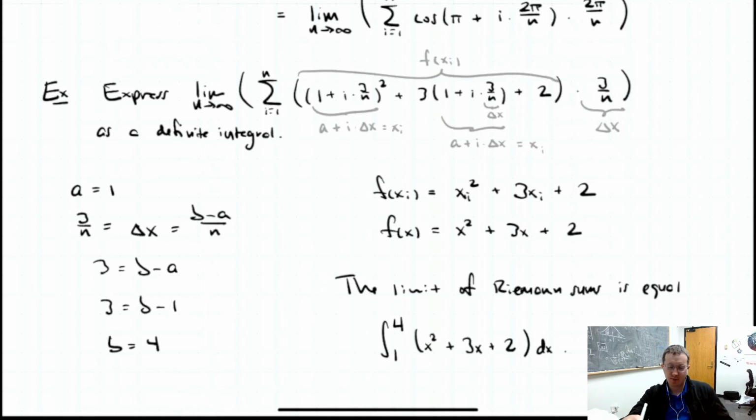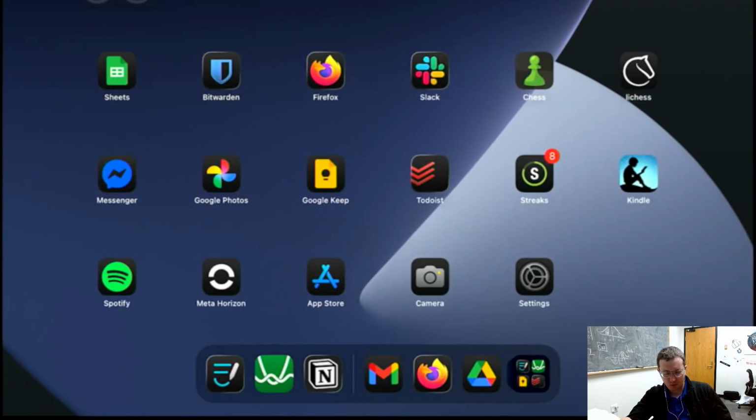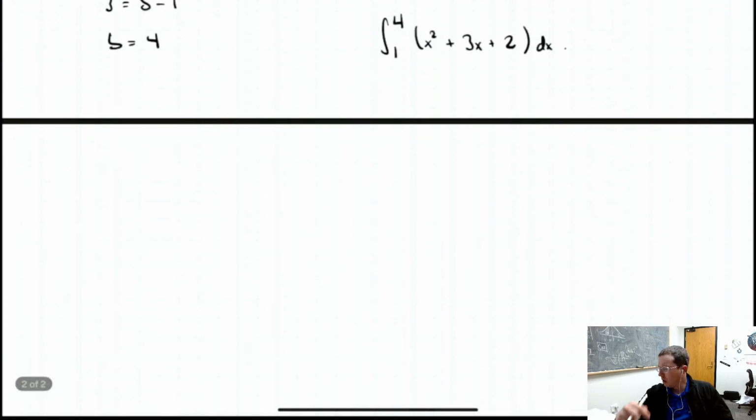All right, L'Hopital's rule. I'm just going to do some examples, and I have not prepared any examples. I just opened a calculus textbook that I have to the exercises in the section on L'Hopital's rule, and I'm just going to pick out the ones that look interesting to me and do them.